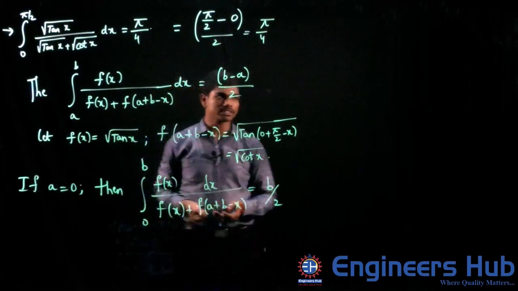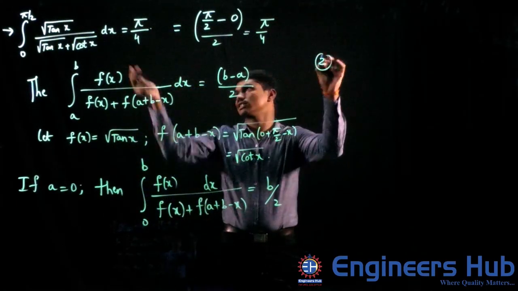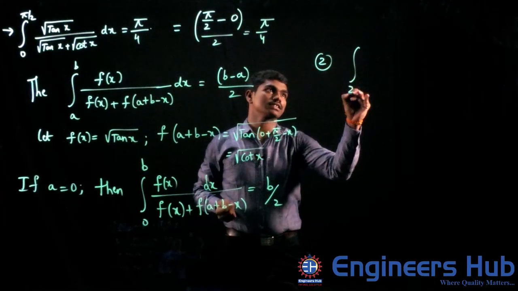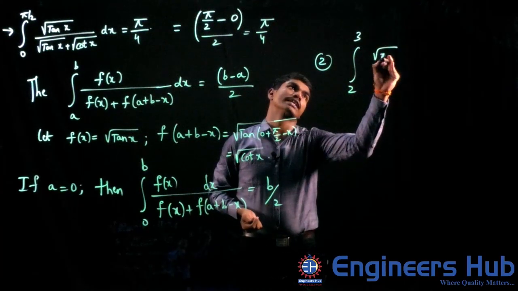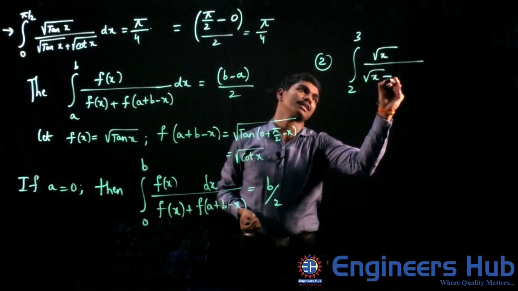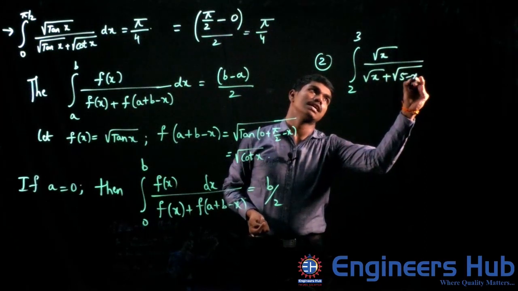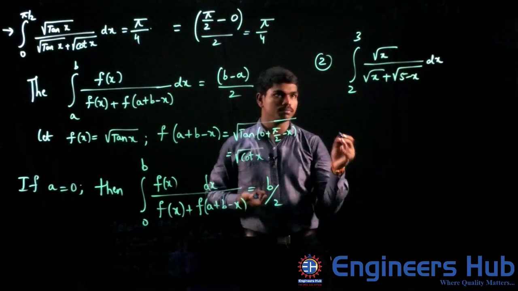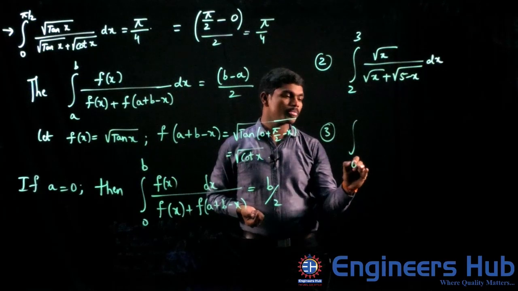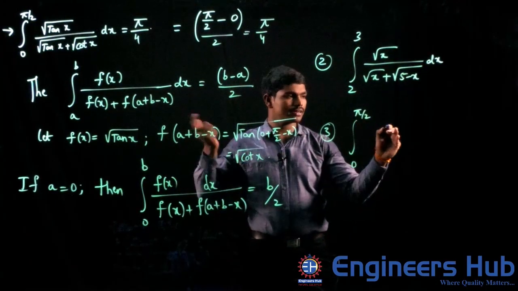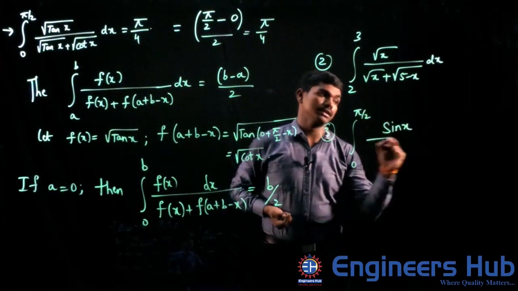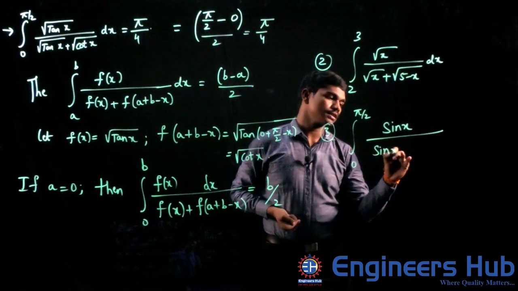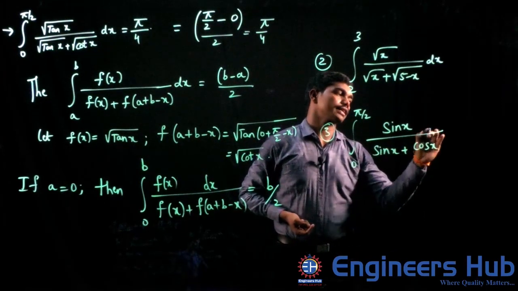Similarly, some questions come in GATE also. For example, this is one such kind of question. The second question is something like this: root x divided by root x plus square root of 5 minus x dx. Sometimes they'll ask you the integral from 0 to pi by 2, involving basic trigonometry, sin x by sin x plus cos x dx.